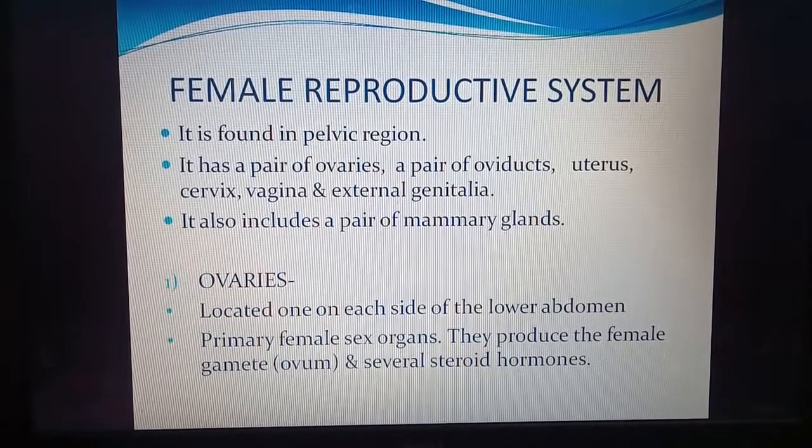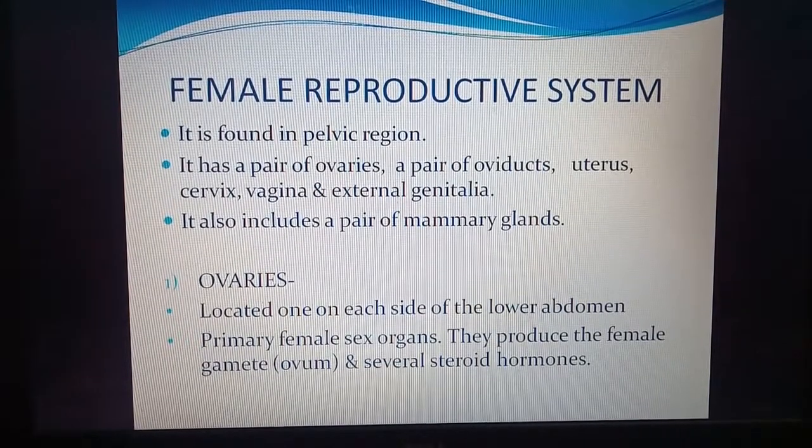They help in transport of gametes. And external genitalia is the external reproductive part. It also includes a pair of mammary glands or milk glands, which help to provide nourishment to the child after delivery.